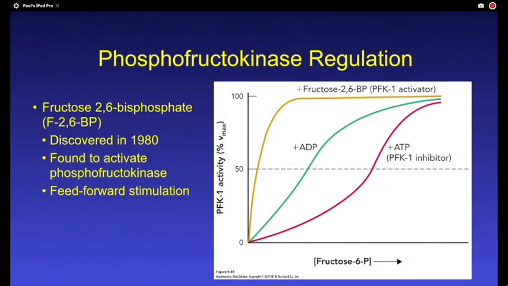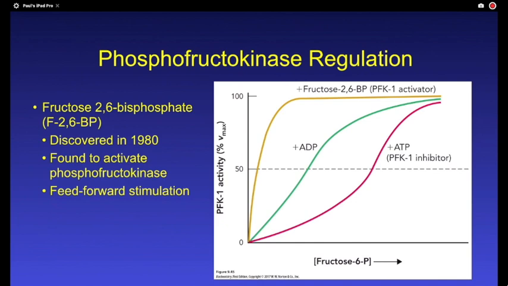All right, when we actually purified phosphofructokinase and studied it in the test tube, it really had a much different reaction to glucose. It actually went a whole lot faster or a whole lot slower in terms of some of the regulatory things that we thought.